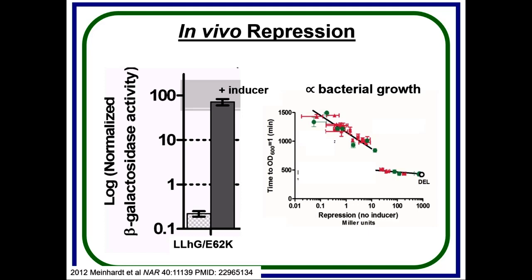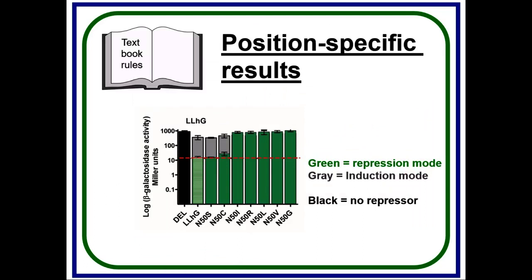So with all those control experiments in place, we now took each parent protein and we made multiple mutations at each of the non-conserved sites and assayed their transcription repression. So when we take all the data for one position in one protein, what we expected to see most of the time was a plot like this, where here's the transcription repression for the parent protein, both in the absence and presence of inducer.